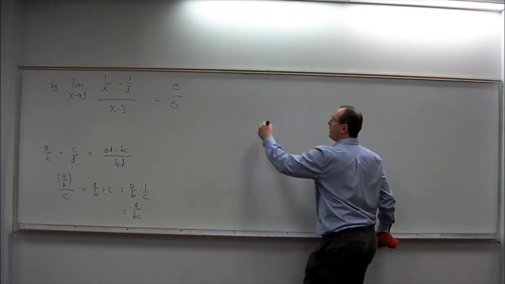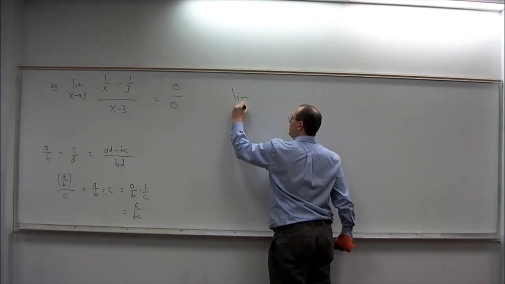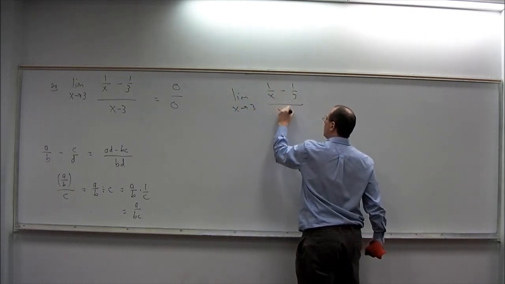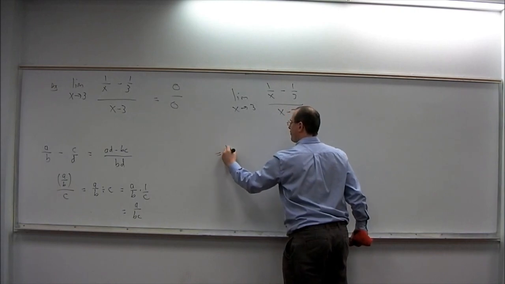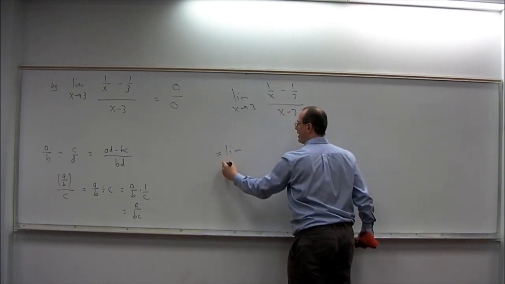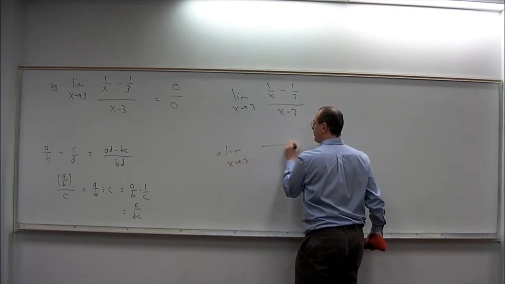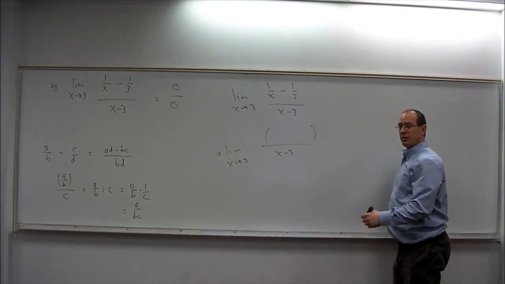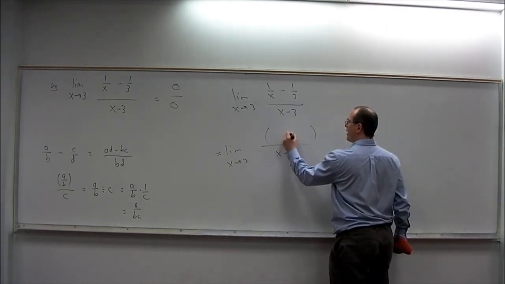we get the following. The limit as x approaches 3. First, subtracting the fractions, so we'll leave the denominator alone. The numerator will have the following fraction.